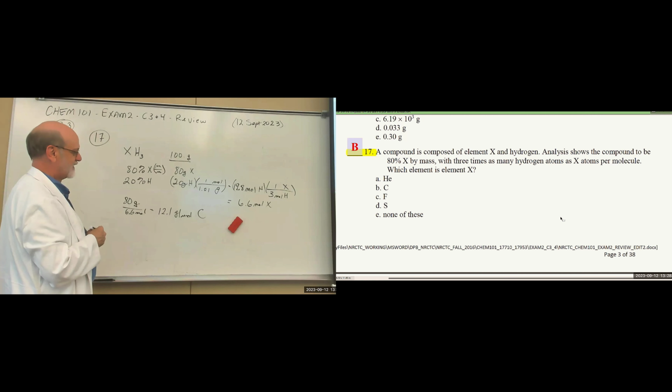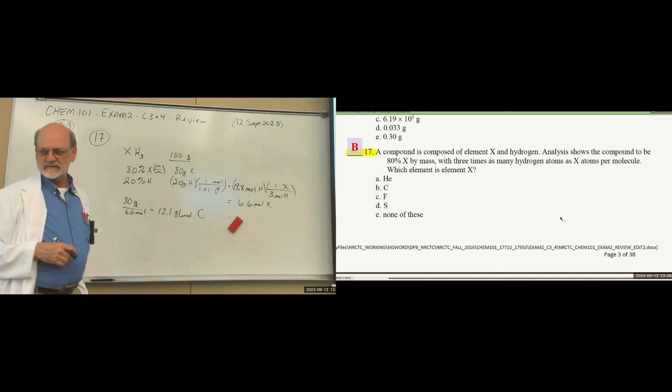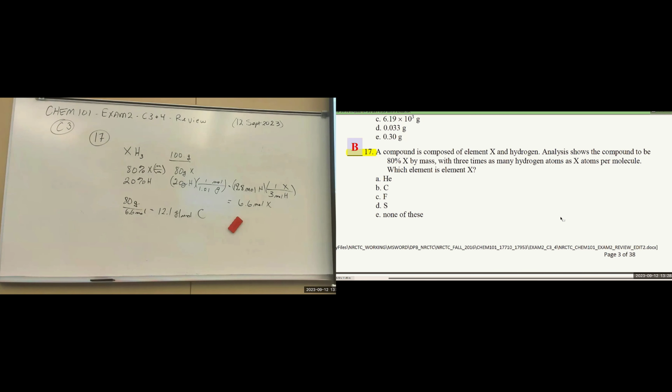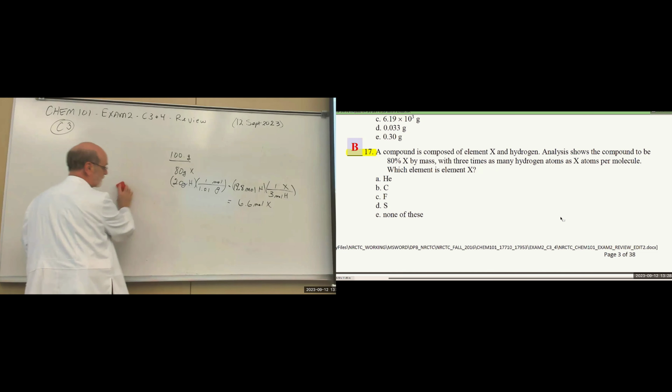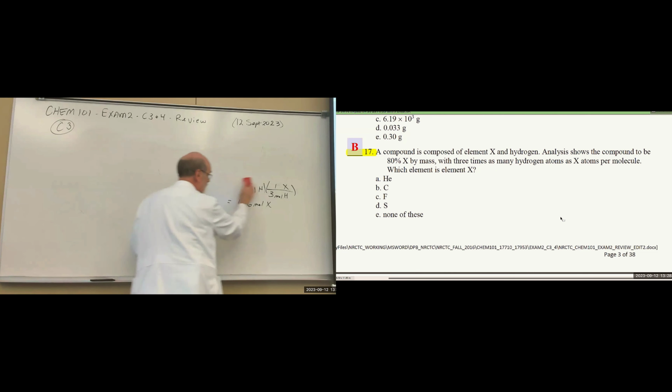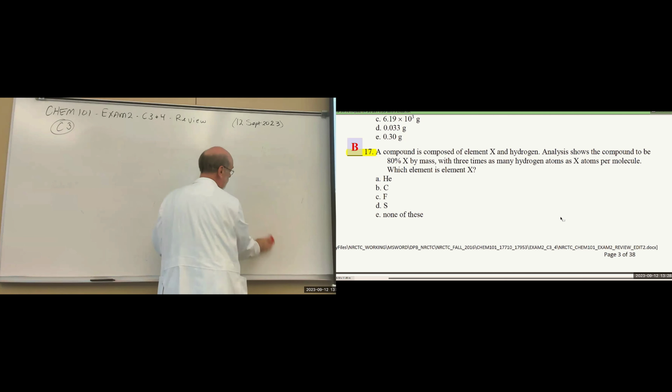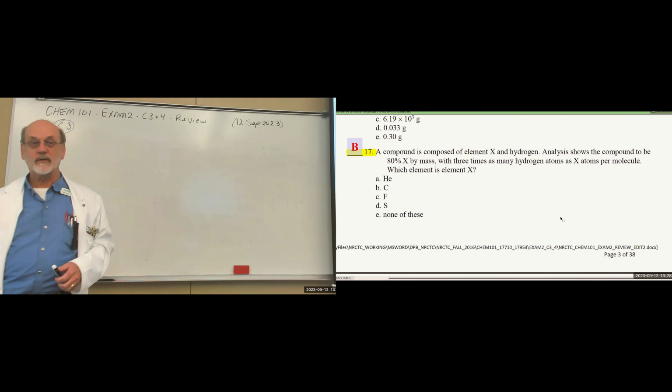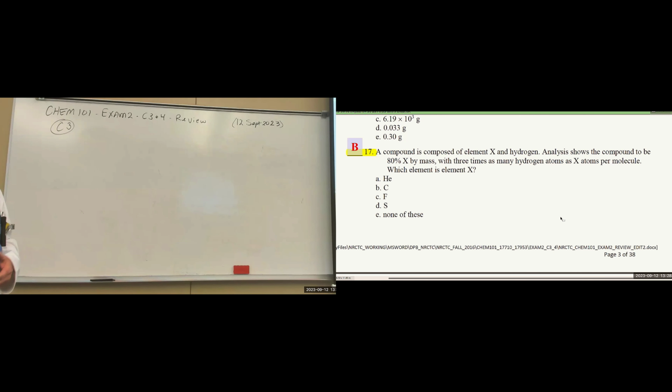Okay. Well, that's one way to fix it. Is that the way I did it in this thing? 17. Yeah, that's the way I did work the problem there. I thought it sounded familiar. But if you're asked to identify an element and you don't know the number of protons, you're only left with molar mass. You got to find a way to get the molar mass.